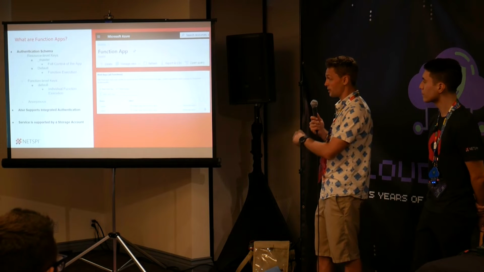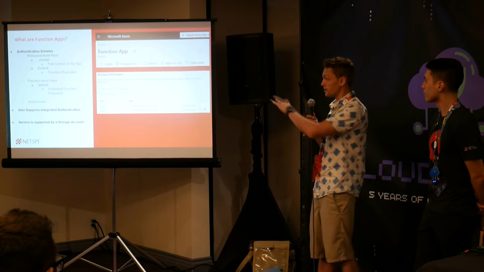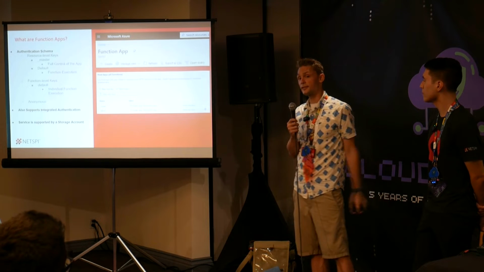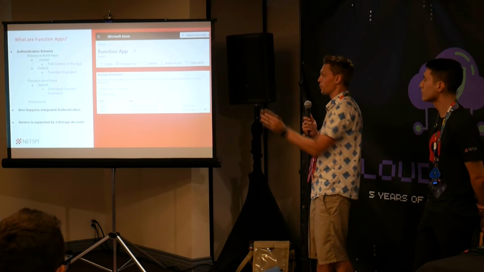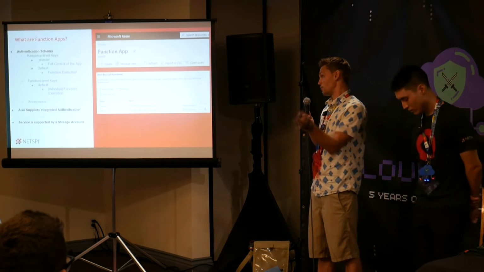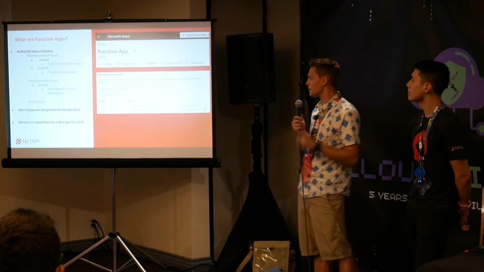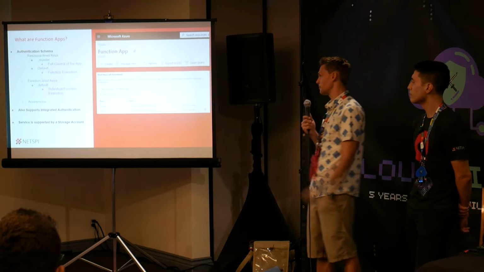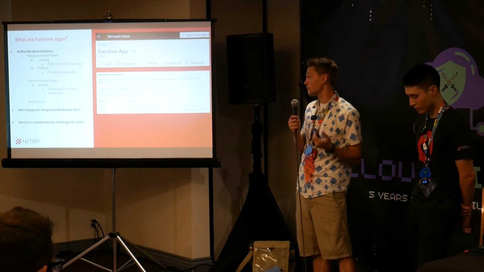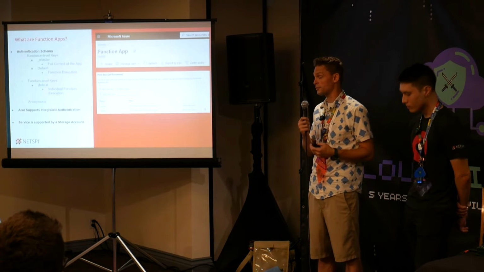If you do have integrated authentication like Azure Active Directory or requirements for that, that is going to mess with the anonymous side of things, so that can potentially throw off some of the attacks that we're going to talk about today. But if you need to front that with existing authentication, you could potentially do that. And last part of this, which we'll pivot over to Thomas here, is that the service, function apps, is supported by another Azure service called storage accounts.